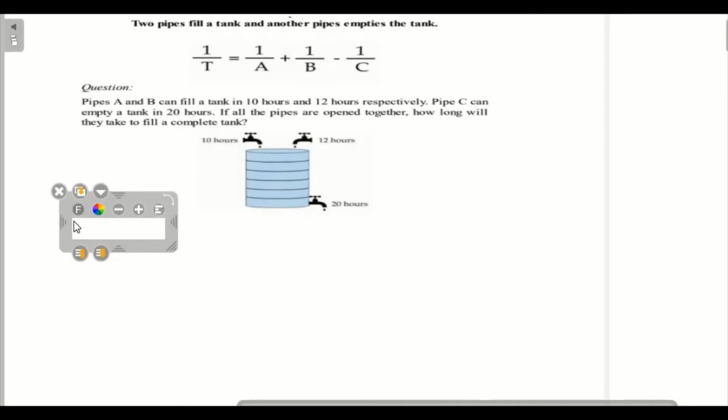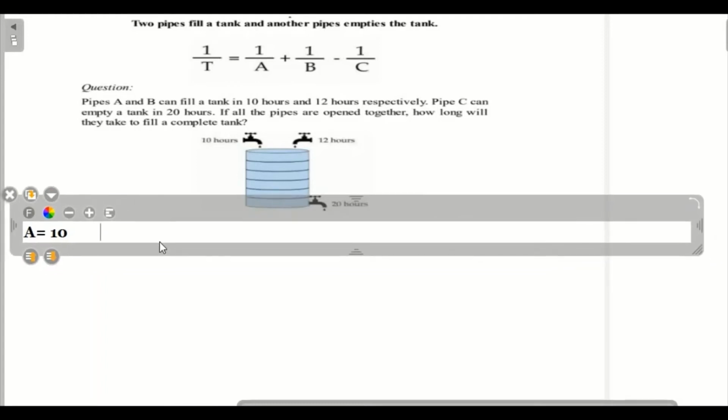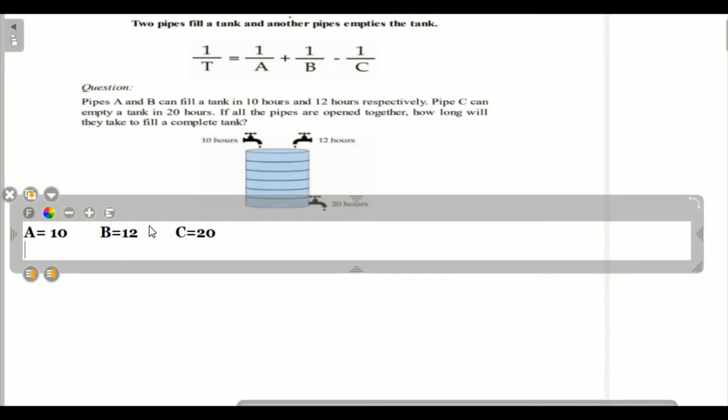A equals 10 hours, B equals 12 hours, then C equals 20 hours.